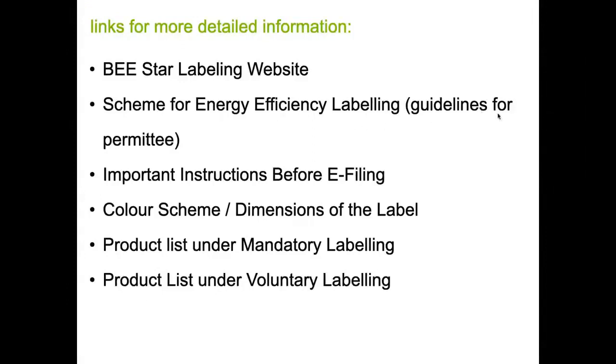You will get to know the guidelines for the parameters, and important instructions before e-filing, even the color scheme and dimensions of the label, and the product list under mandatory labeling and under voluntary labeling, in such links.